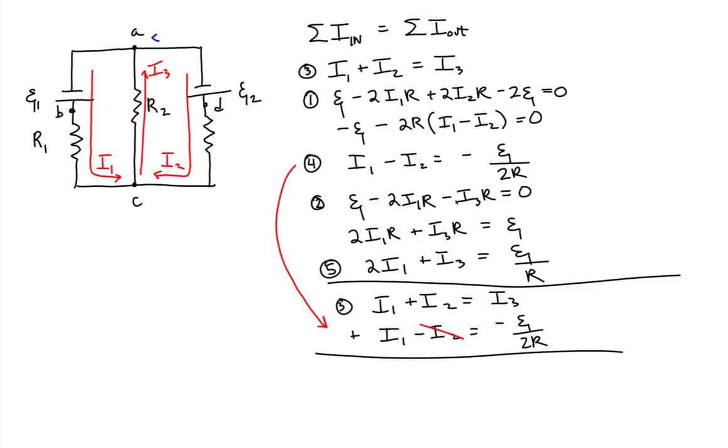So I see that the I2's cancel, leaving me with 2I1 is equal to I3 minus the EMF of battery 1 over 2R. Let's go ahead and put that I3 on the left-hand side of the equality. So we have 2I1 minus I3 is equal to minus the EMF over 2R.